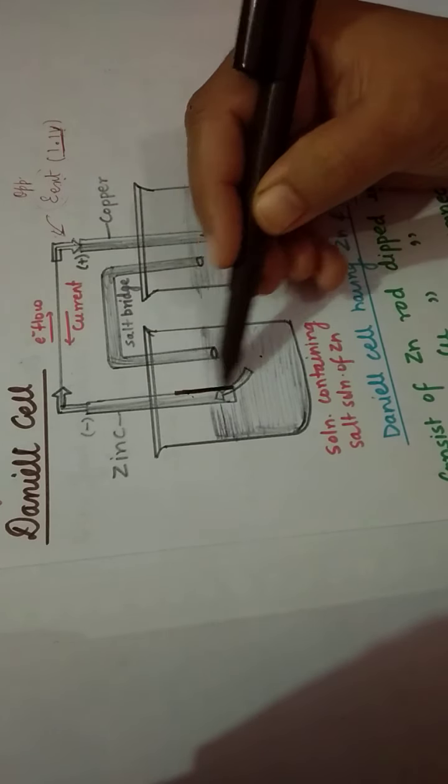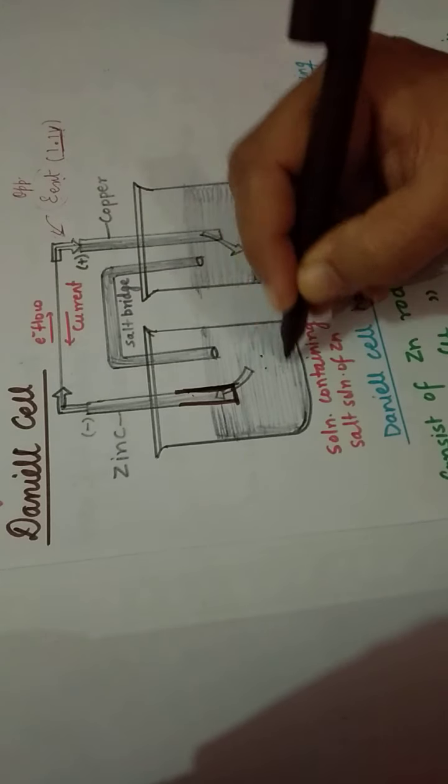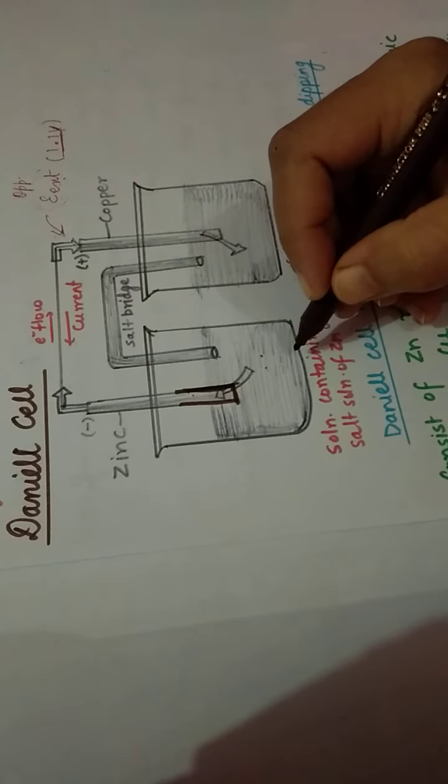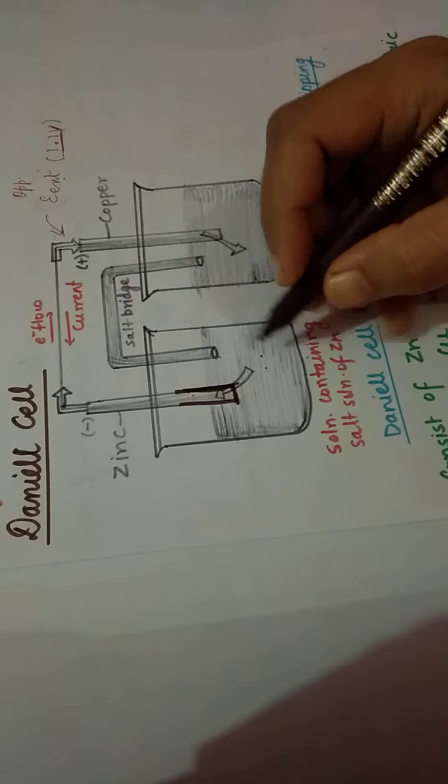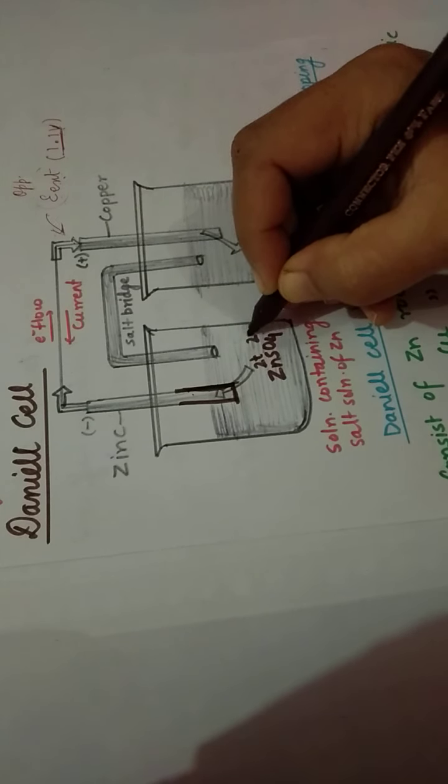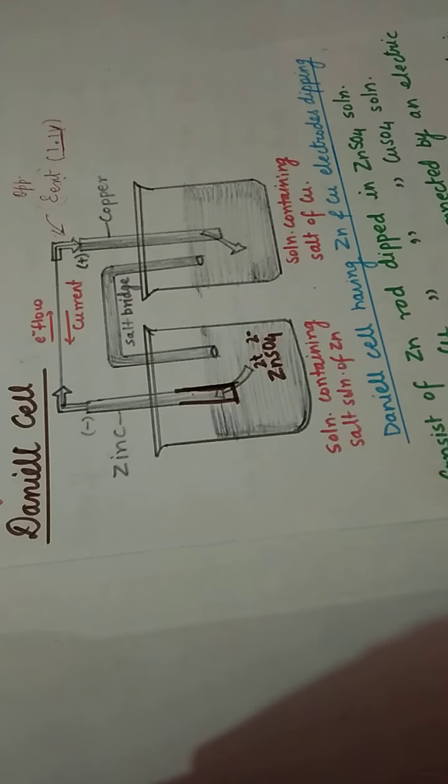So at the interface, what happens? The metal ions in the solution, like we have ZnSO4, zinc sulfate in the solution, so it is basically Zn2+ and SO4 2-.